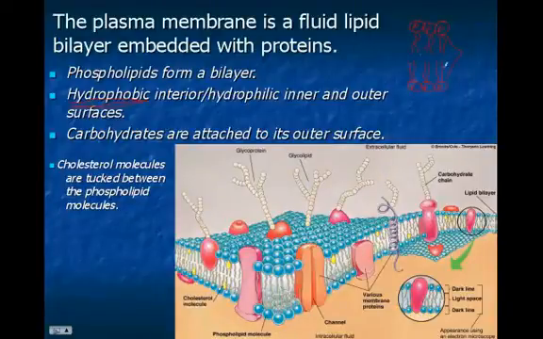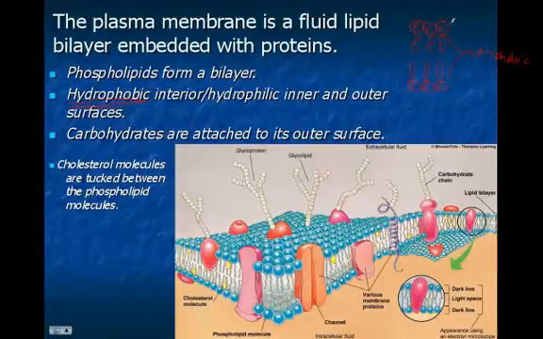Phobic means phobia, fear of, and hydro means water. So this interior, being hydrophobic, does not like to interact with water. That hydrophobic interior is going to be really important in just a minute when we talk about this.